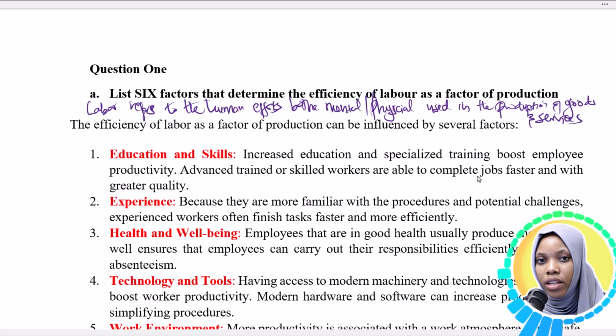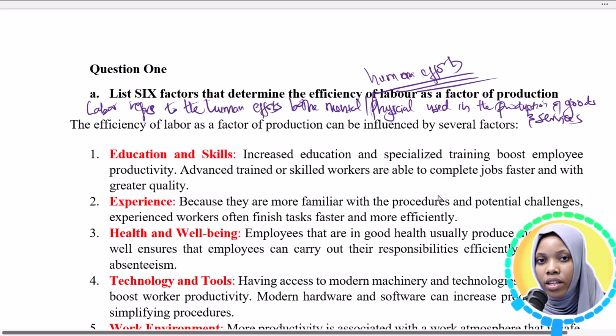That is what labor is. We use the human efforts. That is what labor entails. We don't use machines, we use labor. So let's read through the factors.